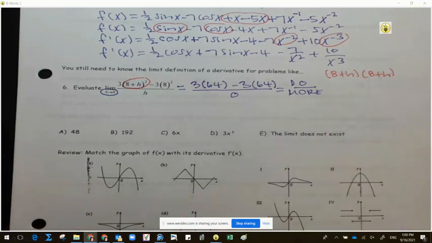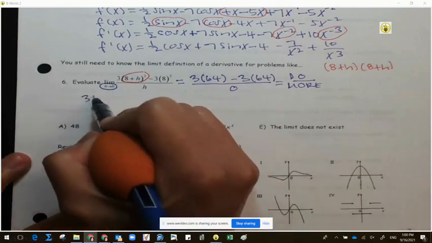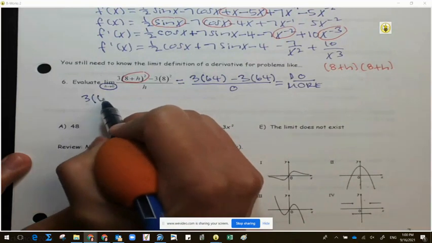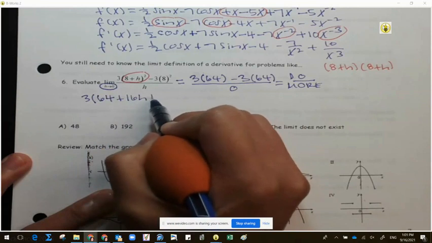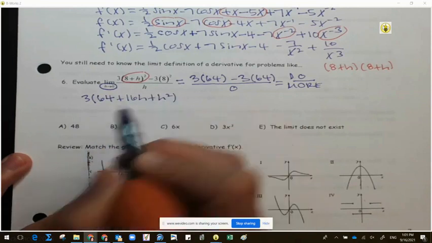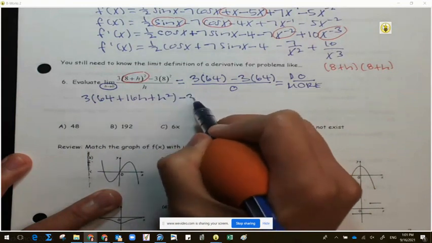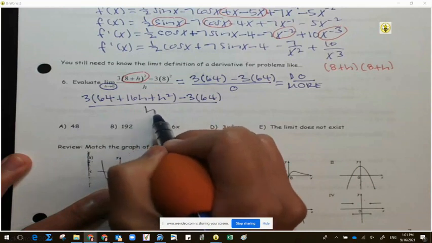If you want to double distribute, go for it. But I know a lot of us can do that in our head. So 3 times. What is that going to give us? 64 plus 16h plus h squared. And then we have minus the 3 times 64 I can't really do much about, and h.